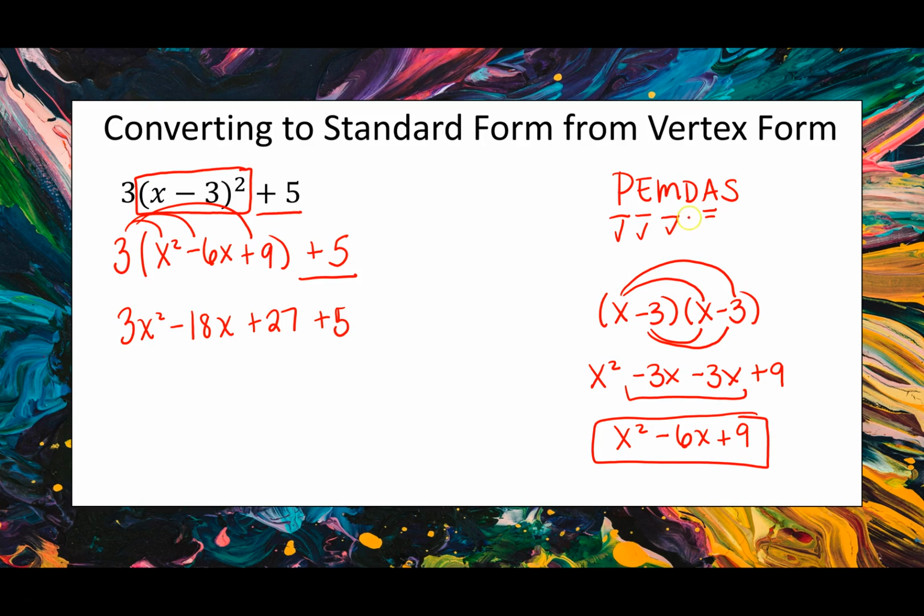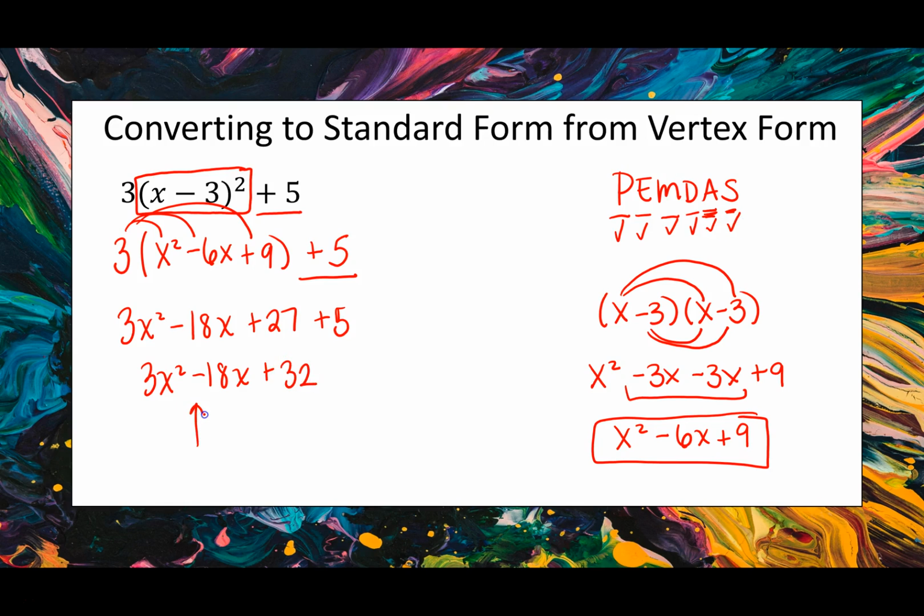Do we have any division to do? Nope. Do we have any addition and subtraction to do? Looks like we have some addition to do right here. So 27 plus 5 is going to give us 32. So this is going to be a 3x squared minus 18x and then plus a 32. Do we have any subtraction?